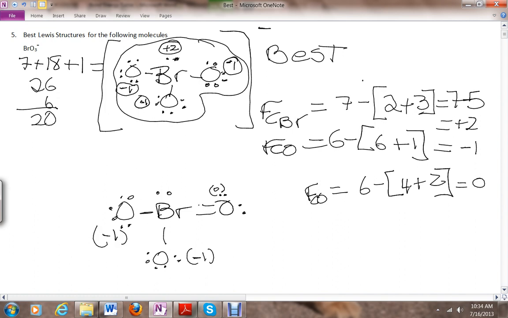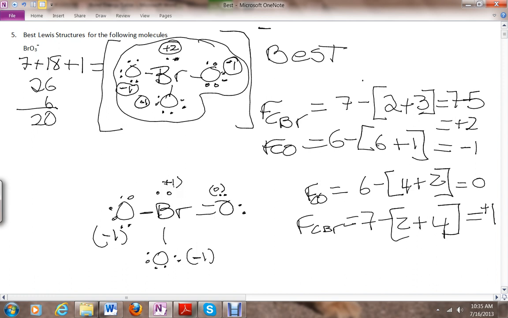And this would be 1, 2, 3, 4, 5, 6. The formal charge of bromine would be 7 minus 2 unshared plus 1, 2, 3, 4, and still you're going to have 7 minus 6, which is plus 1. Oops, you're still going to have a plus 1 here.